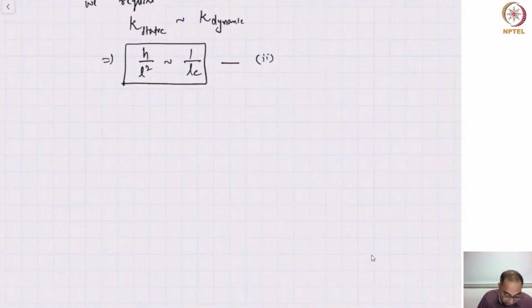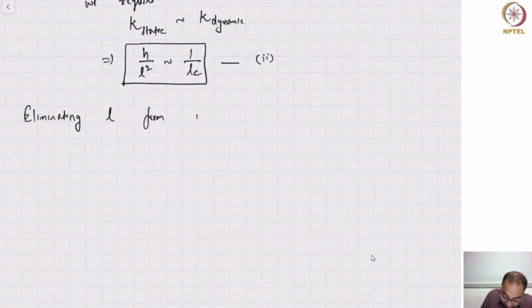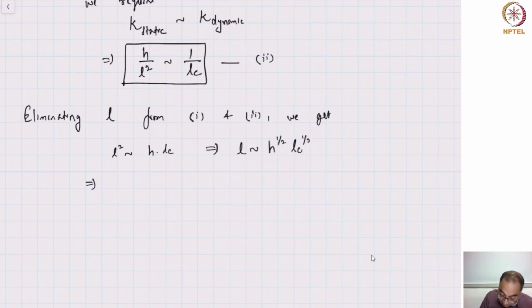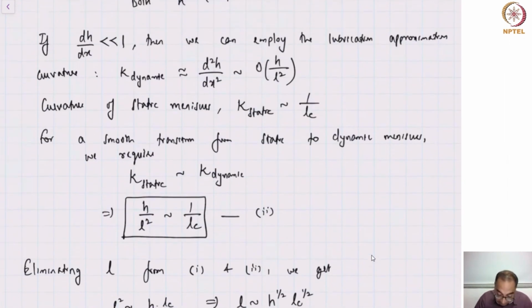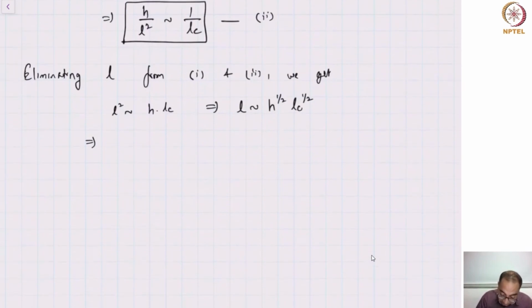So eliminating L from 1 and 2, we get, so let's say I can take the second equation, L square goes like h times LC, and I can substitute this L in equation 1. What do I have now here?